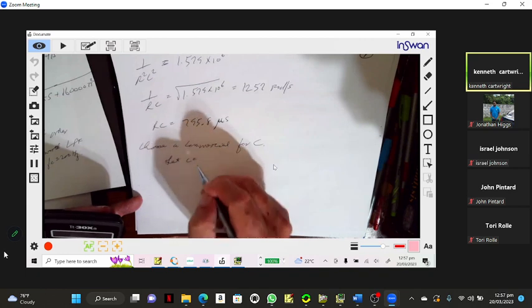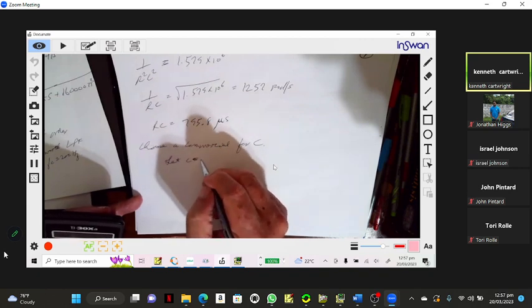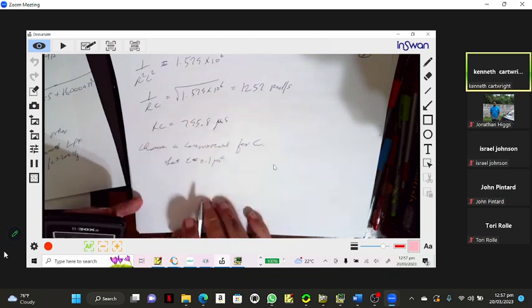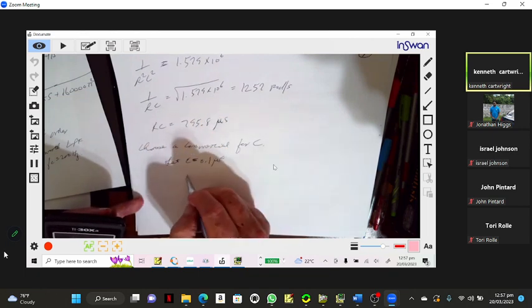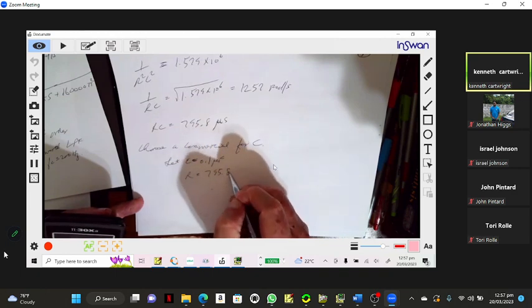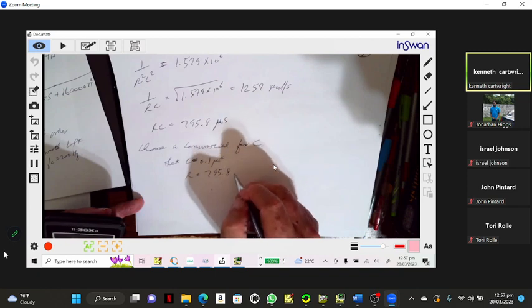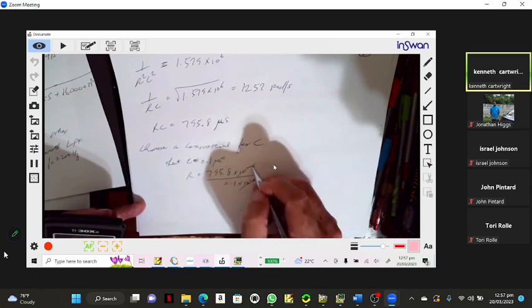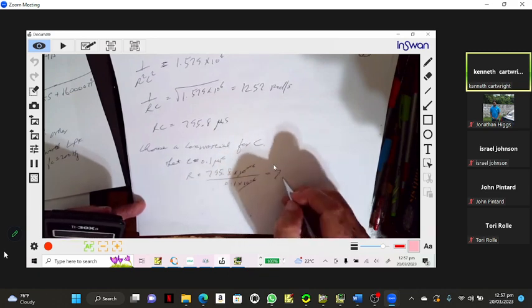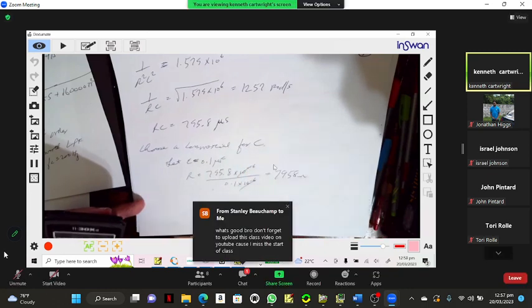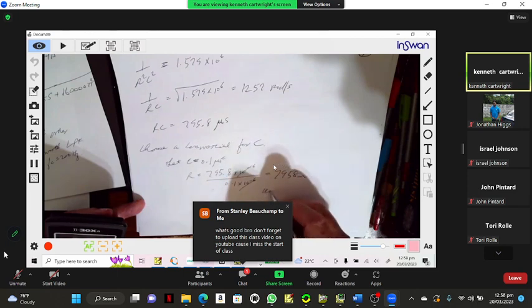Let's see. 0.1 microfarad. So R then is 795.8 times 10 to the minus 6 divided by 0.1 times 10 to the minus 6 equals 7,958 ohms.